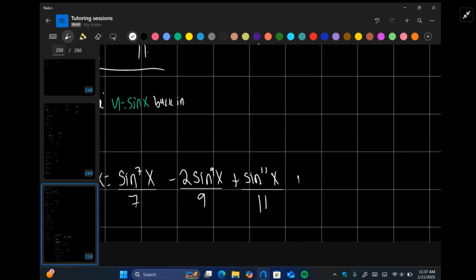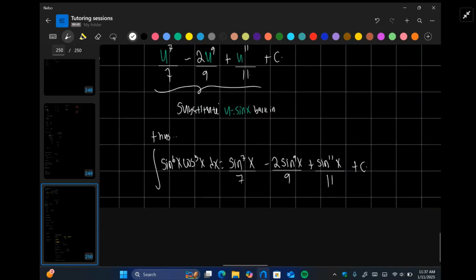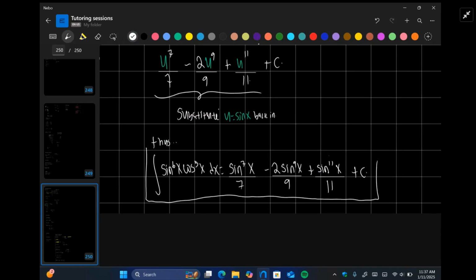And we must not forget to add our constant of integration C. So this is our final answer to this problem.